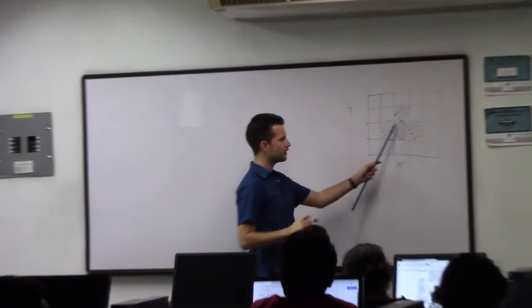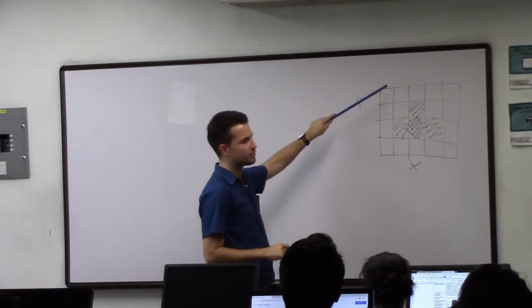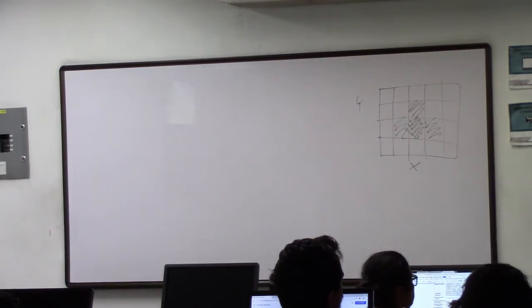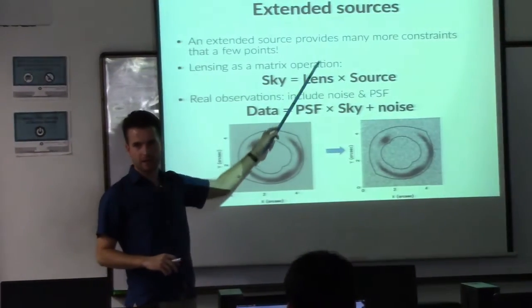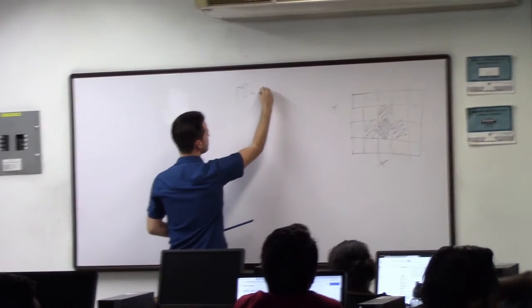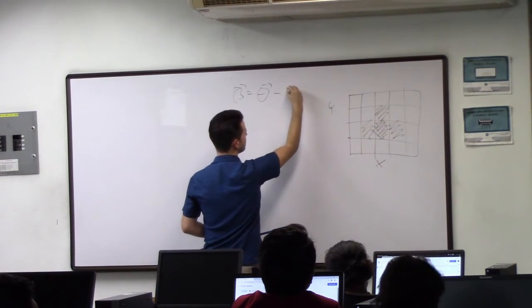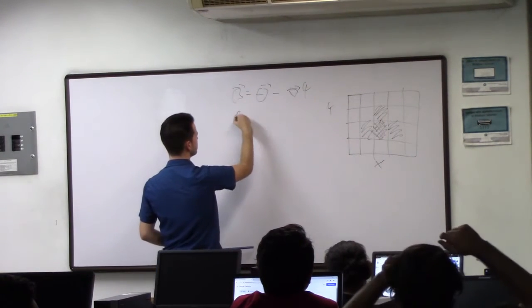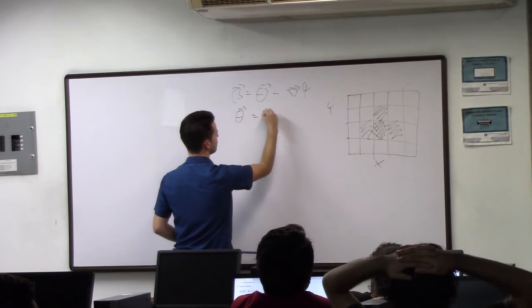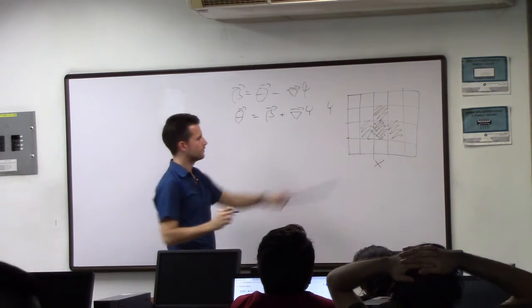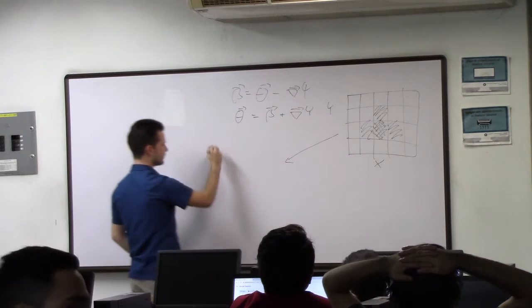It's brighter over here, and you have a matrix that describes the source surface brightness distribution. Then, if you know your lens, you have the lensing equation, beta equals theta minus delta phi, the lensing potential. You can of course invert it. So you can take this and lens it forward.